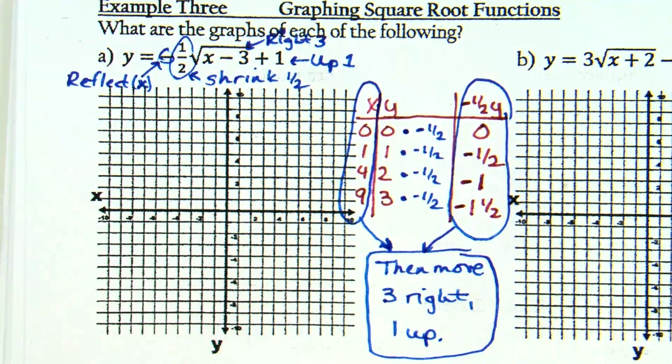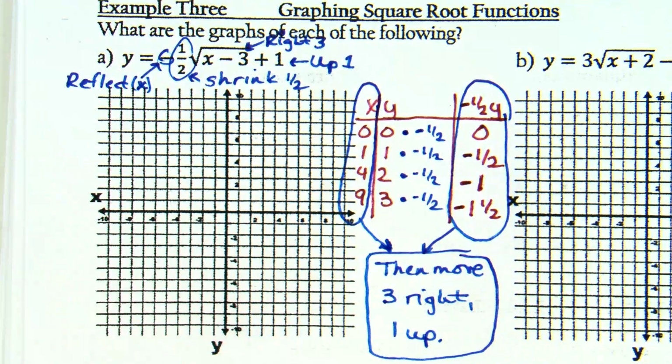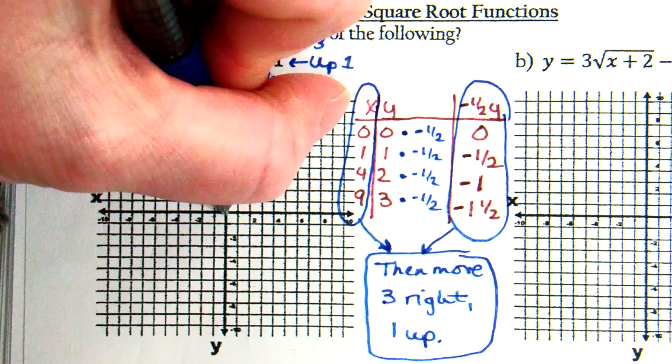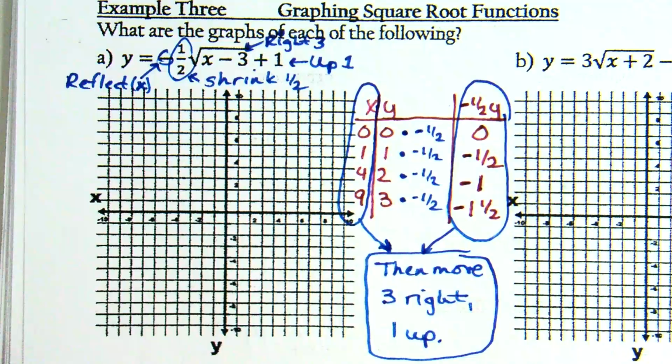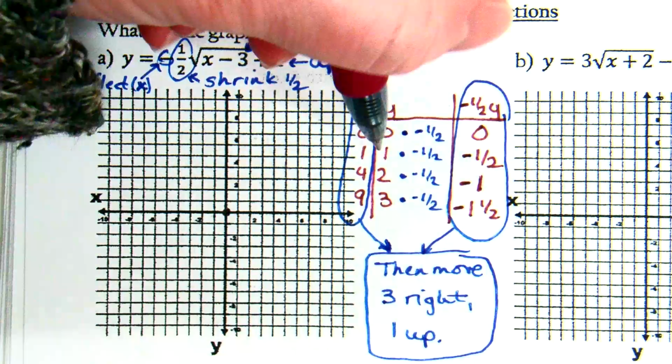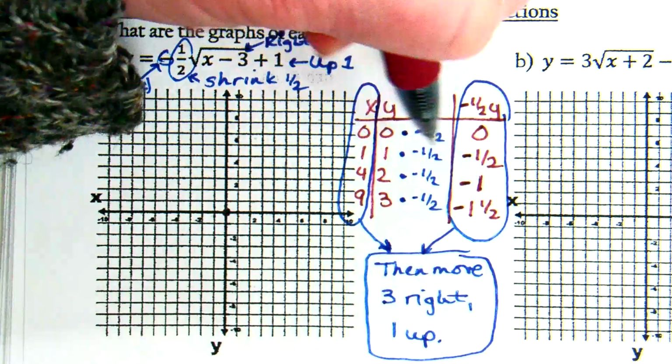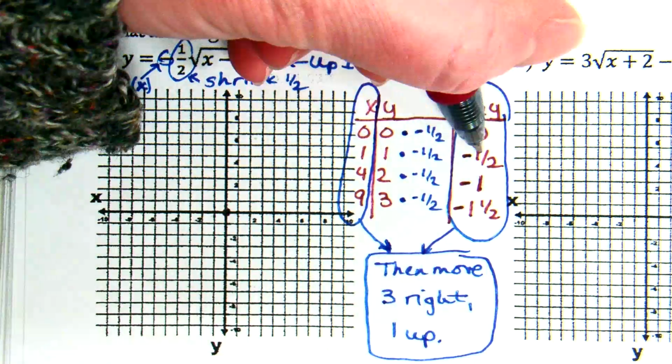Okay, so let's graph these dots. 0, 0 became 0, 0. So we still have a dot at 0, 0 for the moment. 1, 1 became what? 1 comma negative 1/2. So how do we graph 1, negative 1/2?